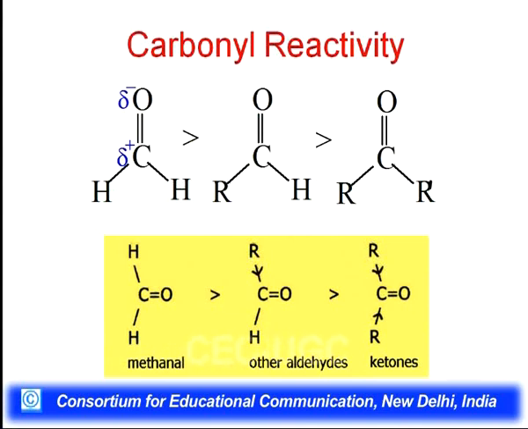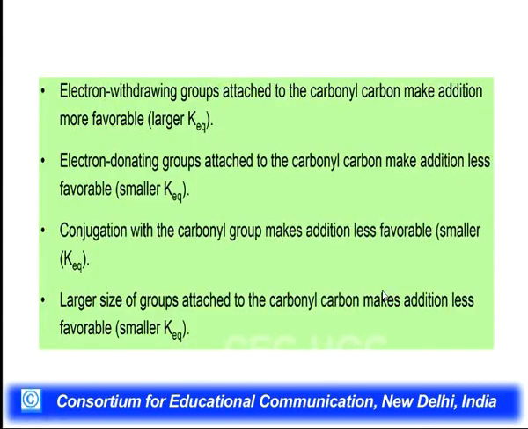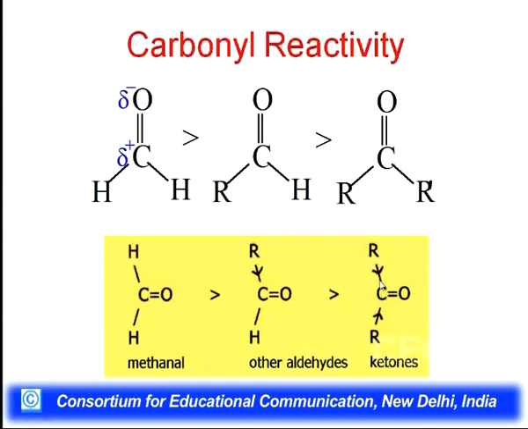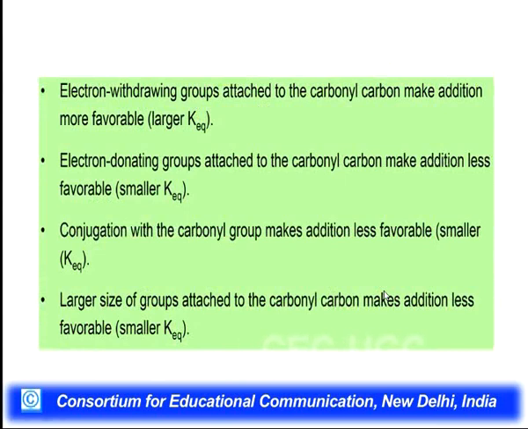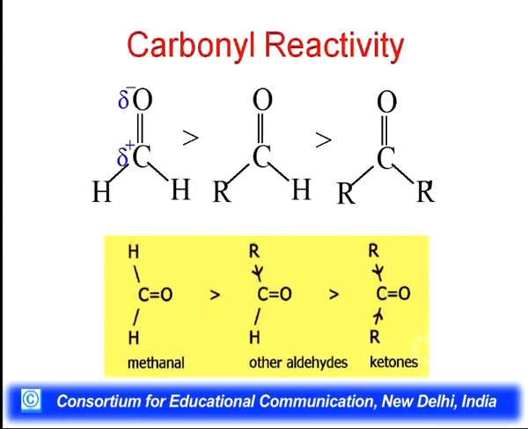If I look into this structure, we have seen that the carbonyl group is polar in nature: oxygen has a negative charge and carbon has a slight positive charge. Since carbon has a positive charge, any factor which will decrease the positive charge on this carbon will stabilize the reactant.